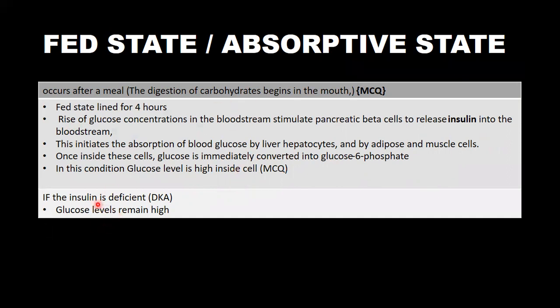If insulin is deficient, the condition is diabetic ketoacidosis, and the glucose levels remain high. Why? Because of insulin deficiency, the processes like glycolysis and glycogenesis are not triggered. Therefore, the blood glucose level remains high in a patient with diabetic ketoacidosis.